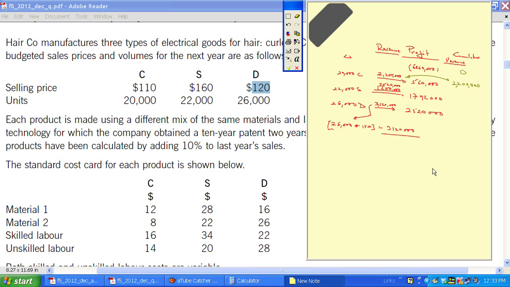Then at this point we have to add these two figures, and we should get 5,720,000. Now we're getting total revenue. Then these two figures we add to give you the cumulative revenue. I think you remember this figure, 8,840.